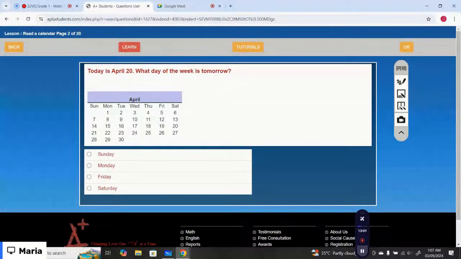On the 21st, Sunday it is. The correct option is Sunday.